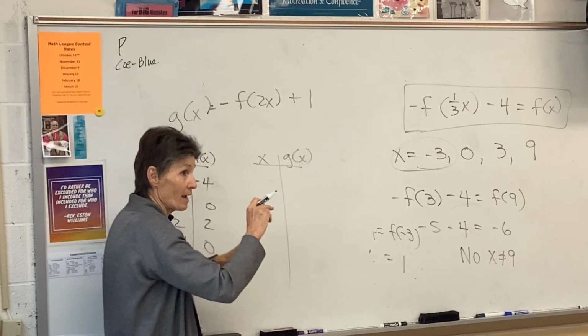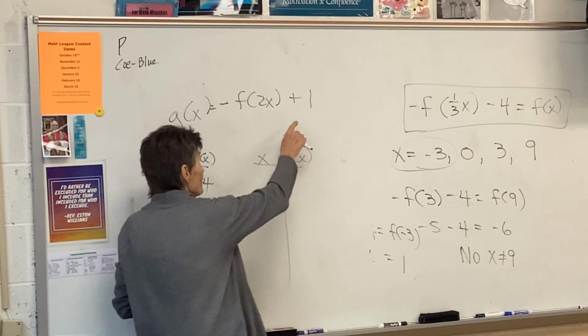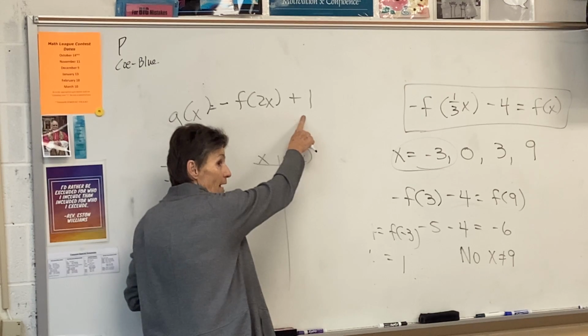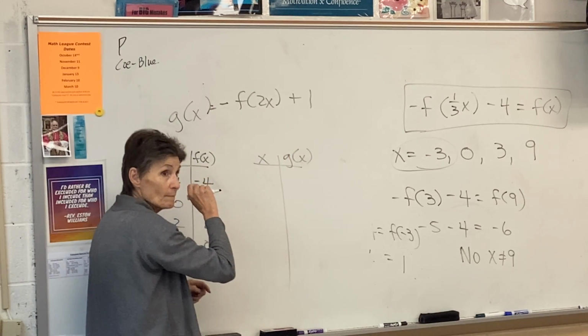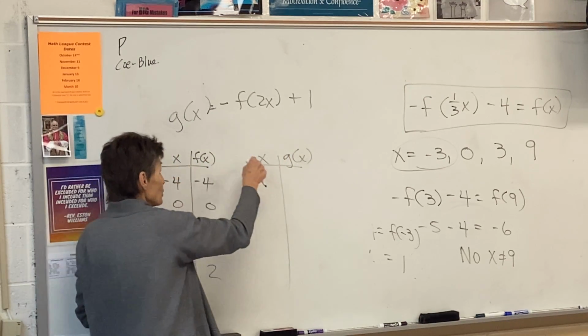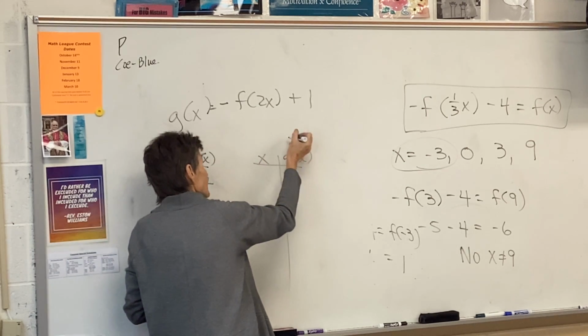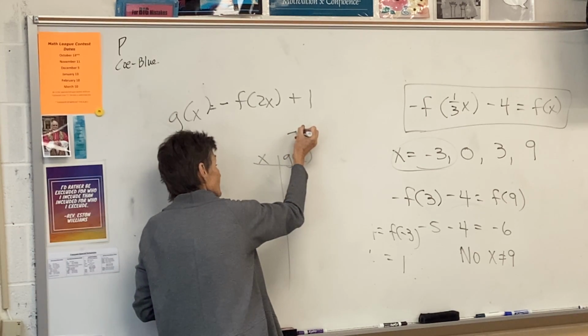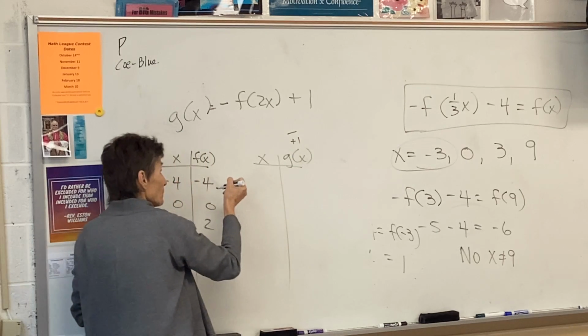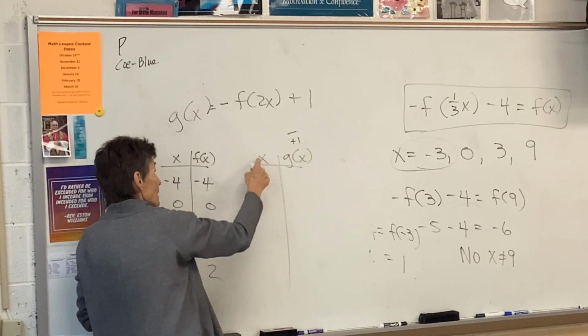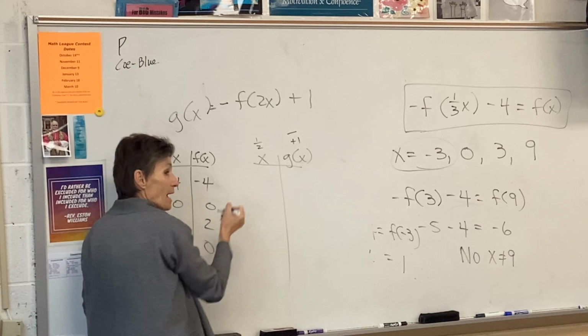Divides x by 2, and then that adds 1 to y. So there are 2 changes being made to y. It's being made negative, and then adding 1. One change being made to x, it's being halved.